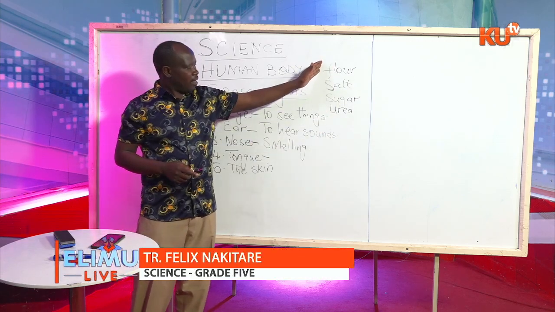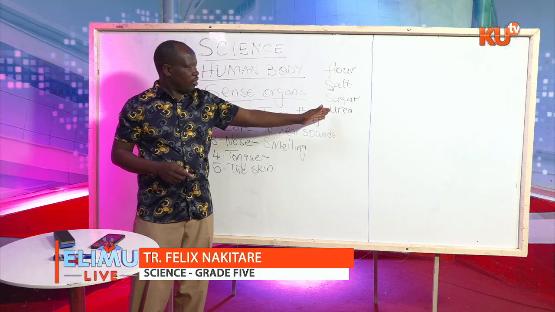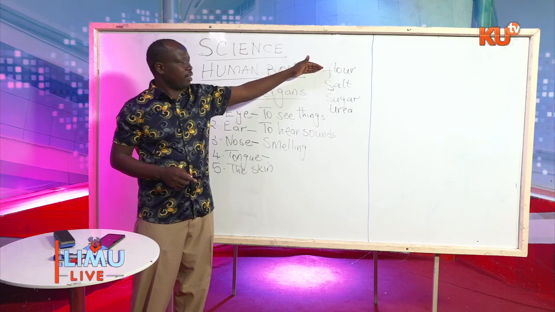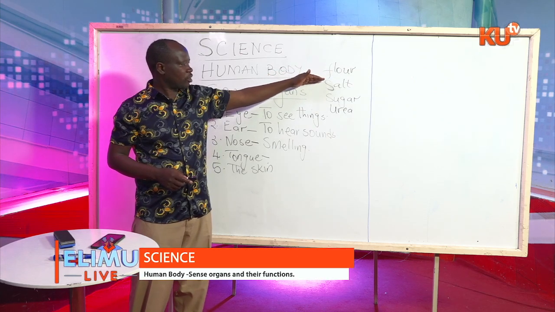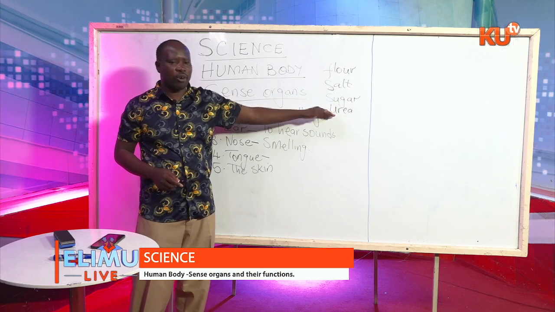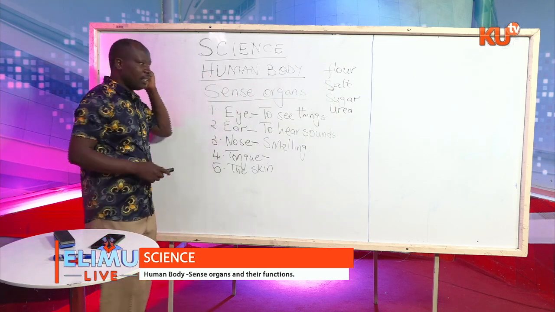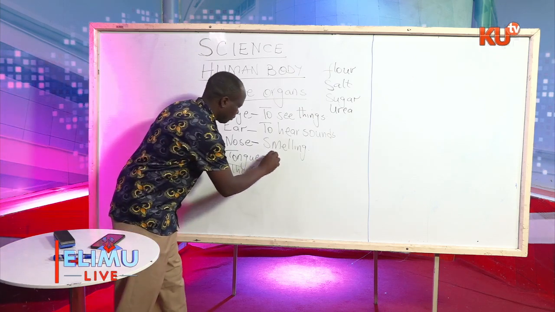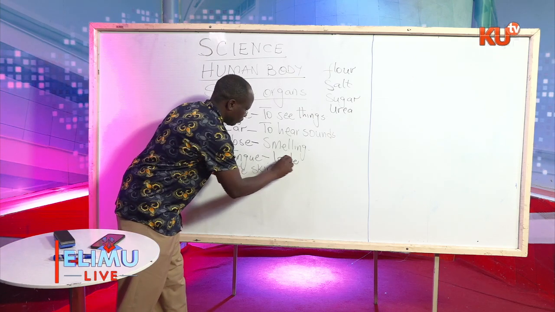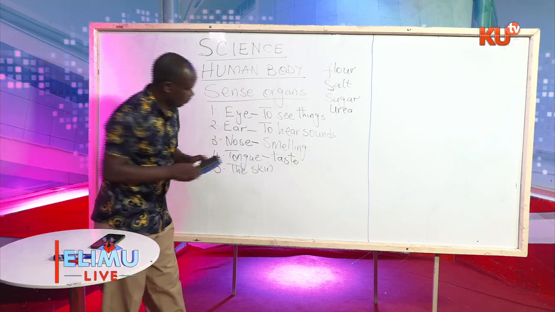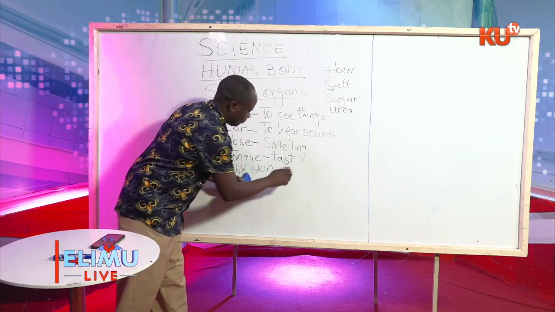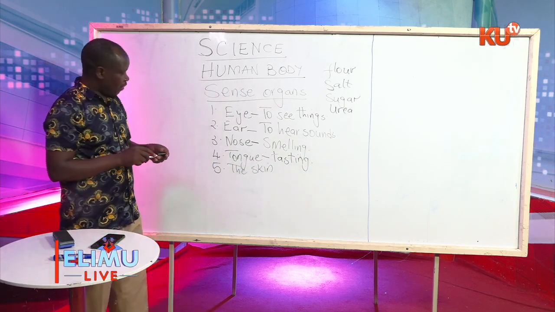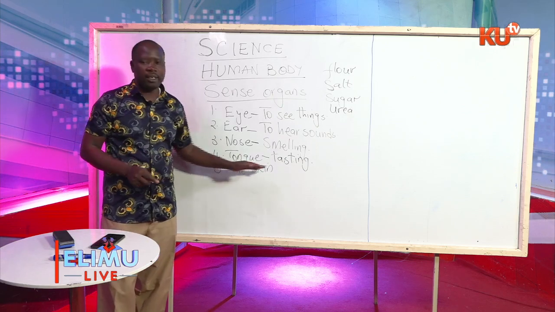You can identify through the use of your tongue. When you taste flour, it has a different taste from salt, from sugar, and from urea. So the function of our tongue is to taste.